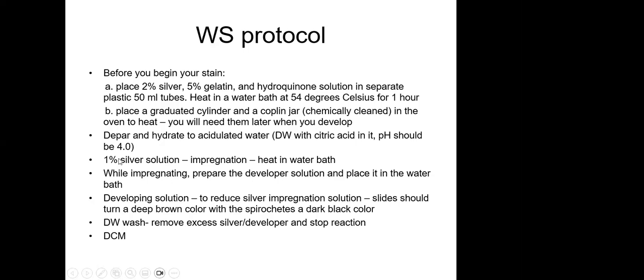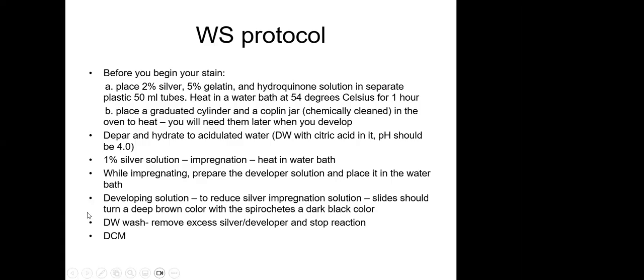So now you only have 2 things in your water bath. You have your slides that are in the 1% silver solution impregnating. Now you have a warm developing solution in the water bath. You're going to pull your slide, and you're going to remove this excess silver, and you are going to drop it right into the reducer.